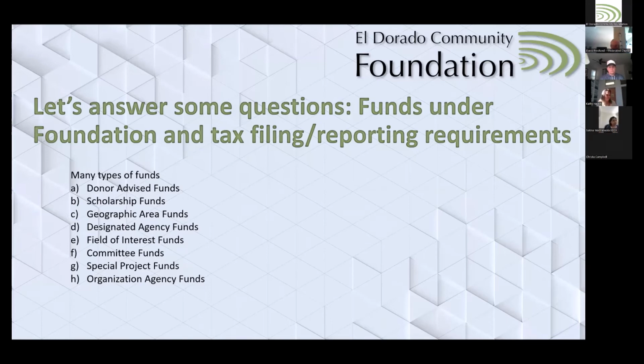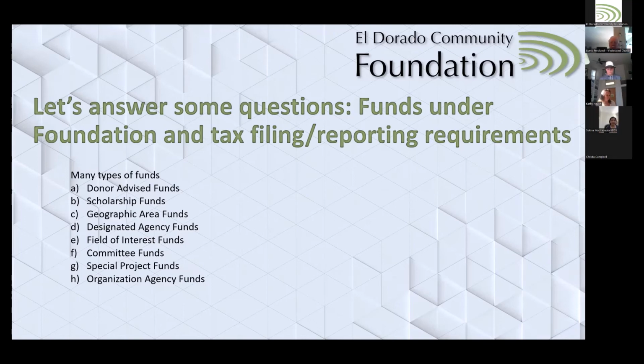Geographic area funds are very similar to committee funds, but the only distinguishing feature is that they only cover a certain geographic area. For instance, we have a South Lake Tahoe fund that only gives out to nonprofits in the South Lake Tahoe area. There's normally a committee there, so they're very similar to committee funds. They can pay out expenses.